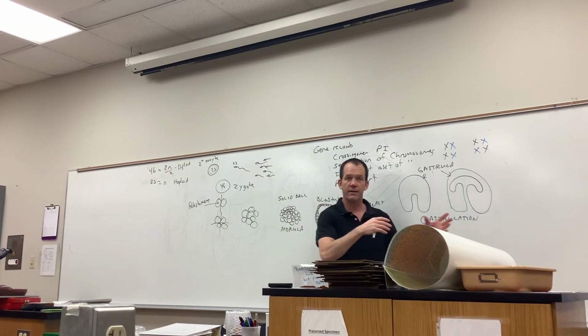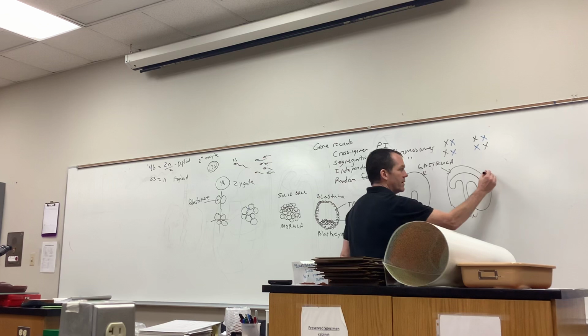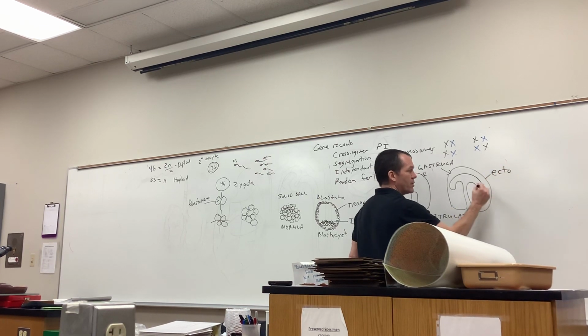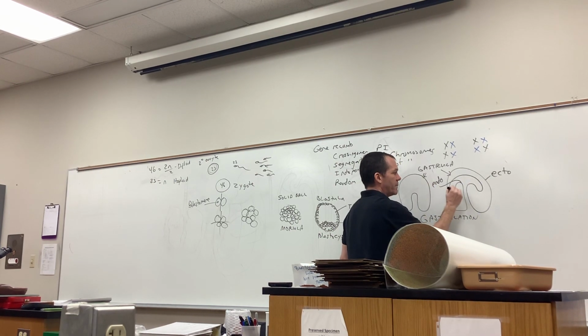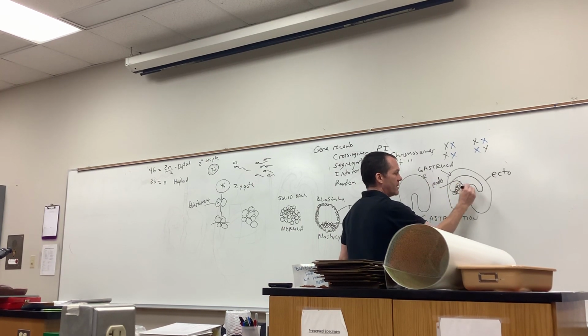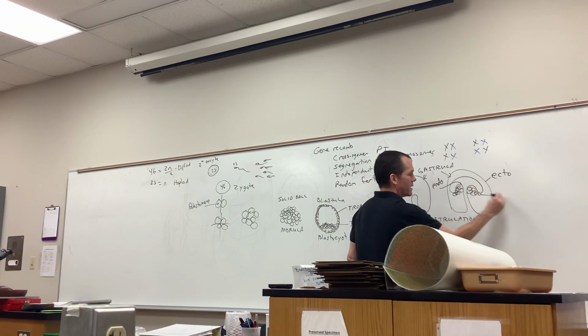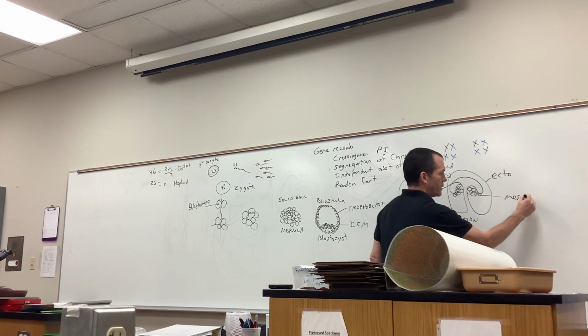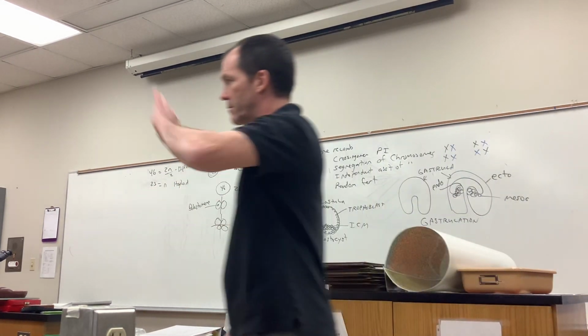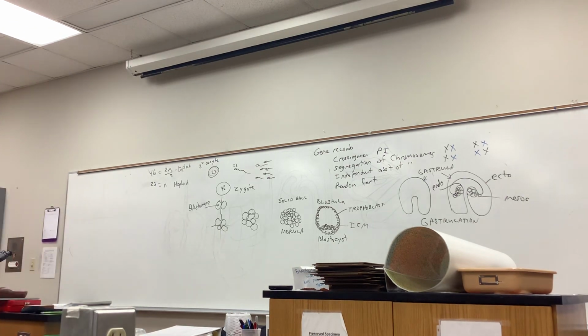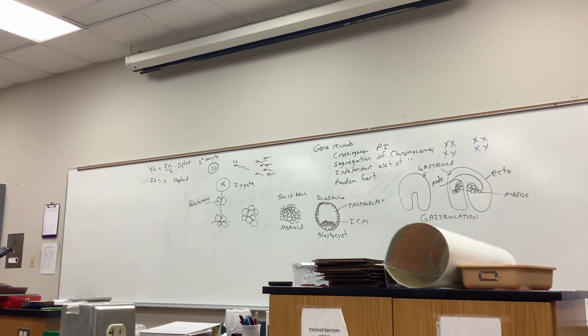But as you get further into this development, roughly, this is ectoderm, this in here is endoderm, and then you're going to get patches of cells forming in here, which is going to be mesoderm. And those cells have different destinies, right?